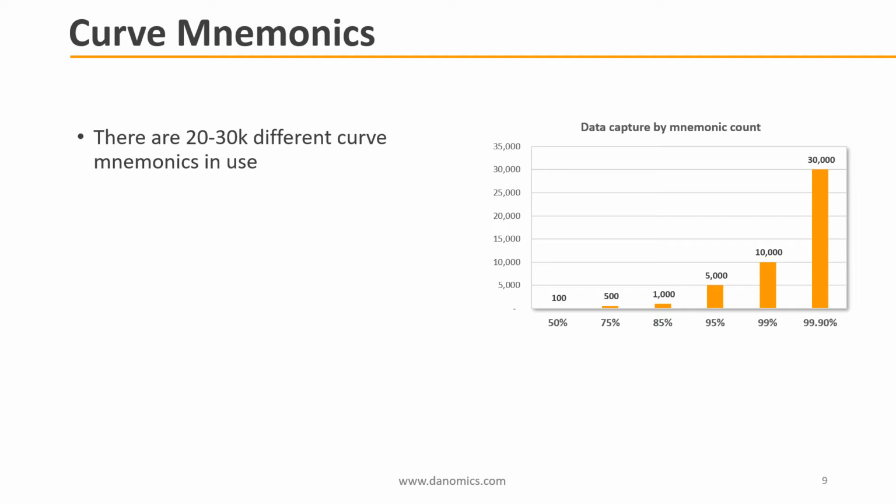And I will say, in almost all circumstances, it's impractical to expect that you're going to be able to capture 100% of the data because there will often be 20 or 30,000 curve mnemonics that you'll have to have in your alias table to be able to address that.